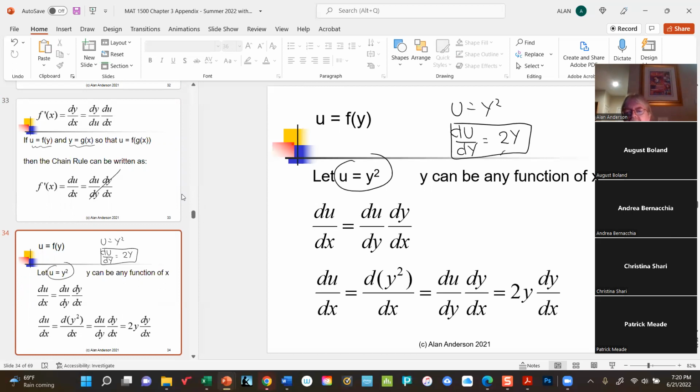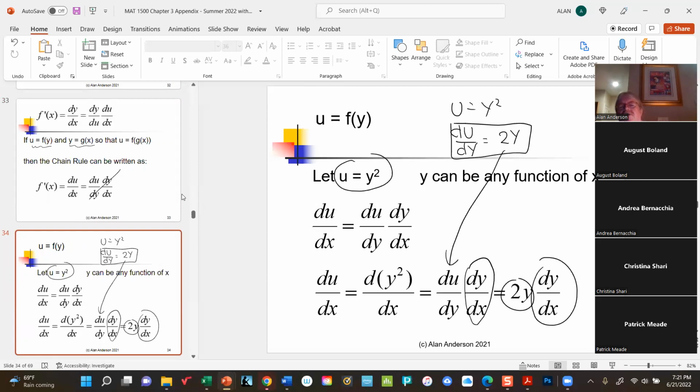And that's what goes here. But then we still have dy/dx. Now, if we don't know what y's function is, we can just leave it like that. We know that y is a function of x, we just don't know which one it is. So we can just leave it like this, and so we end up with 2y dy/dx.